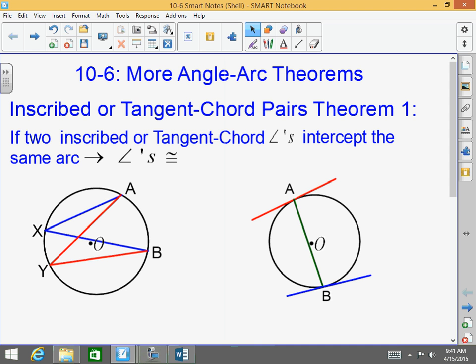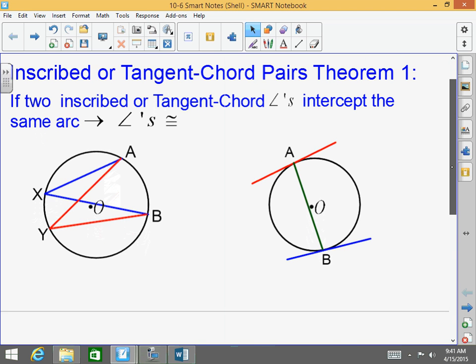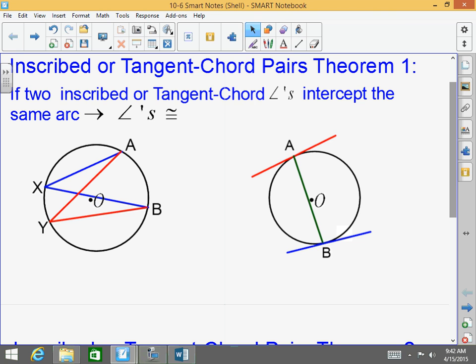In the figures below, I've given you one figure to the left with two inscribed angles, and the figure on the right, I've given you two tangent chord angles. How does this theorem work? Well, let's first look at this guy over here.